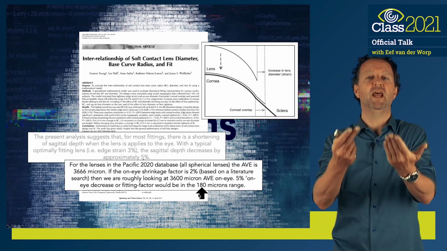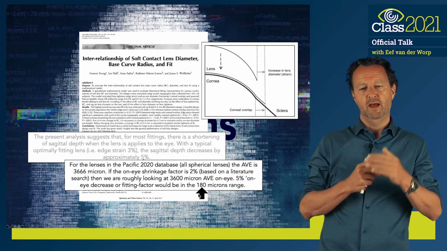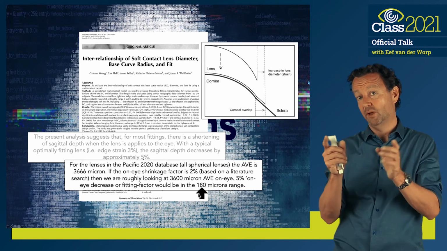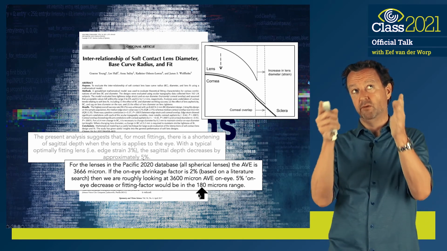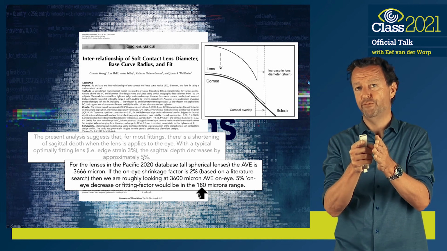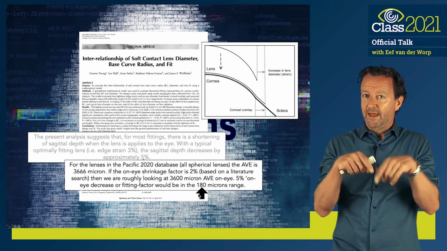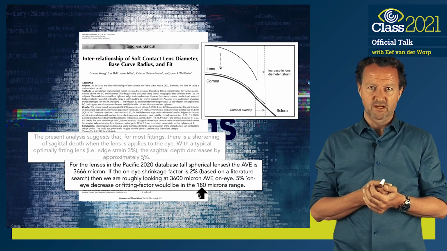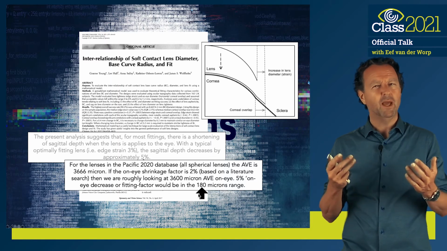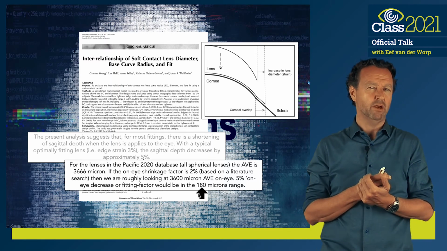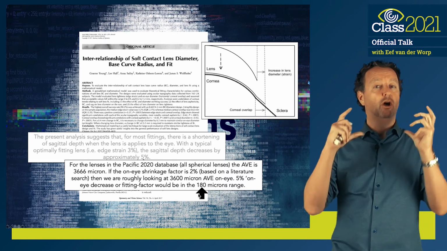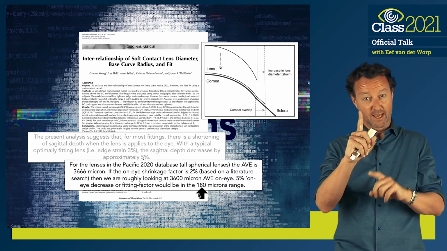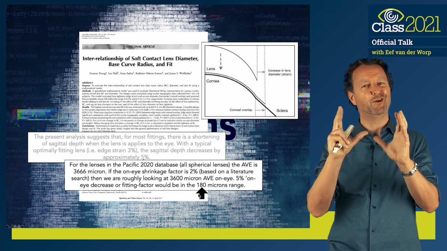If we apply that to our data set, and we first do the recalculation based on 20 degrees versus on eye 34 degrees, and then apply that another 5% based on Graham Young's data, we're looking at about 180 micron. So roughly, and again, bear with me, that's a very rough number.